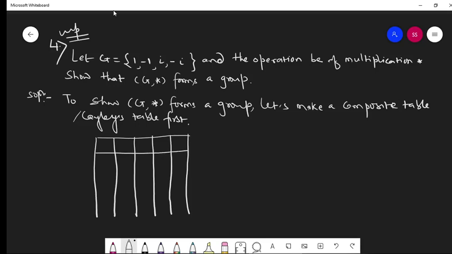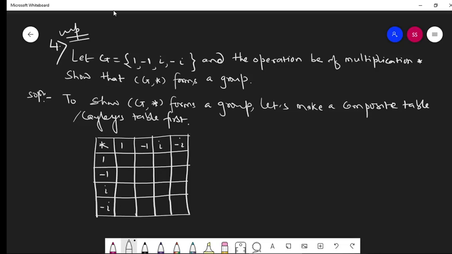Yes, we can make 1, 2, 3, 4 and 5. Then asterisk is the operation, and the elements are 1, minus 1, i, minus i, and 1, minus 1, i and minus i.